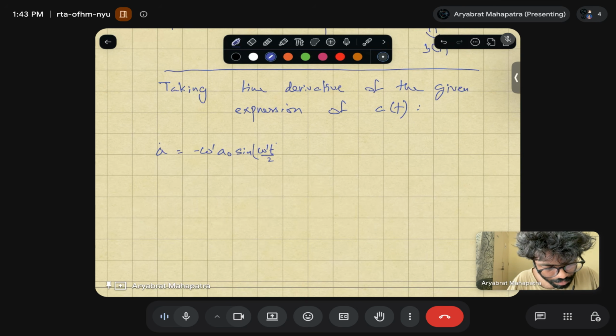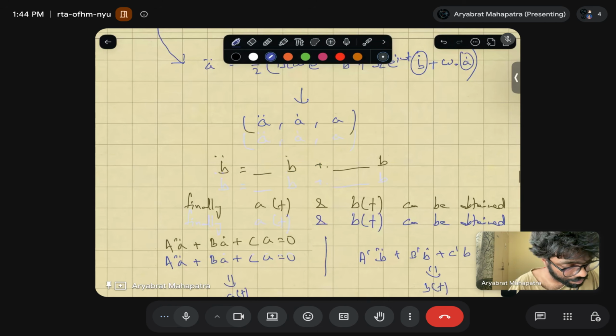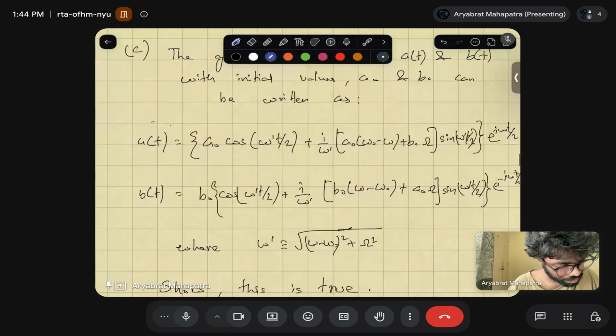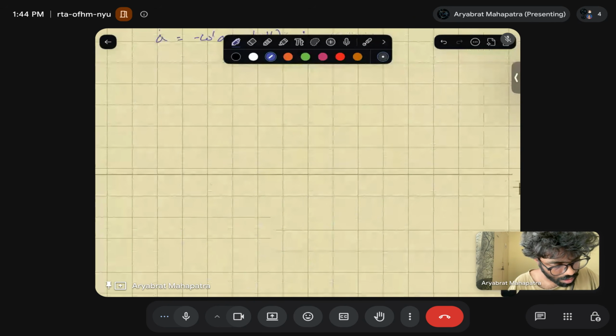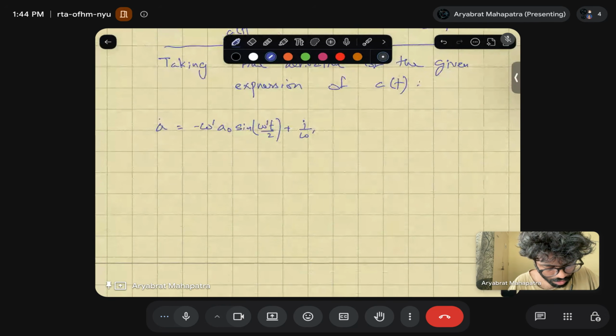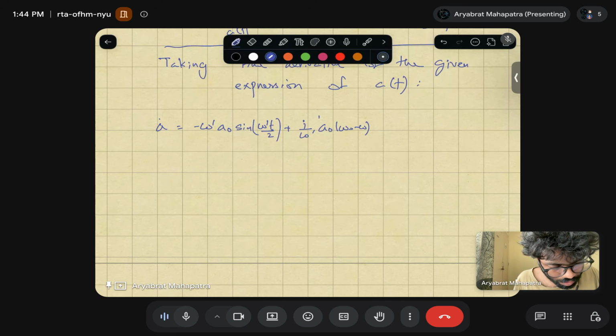Then we'll have plus i omega prime from this second term, a naught omega naught minus omega plus b naught omega.